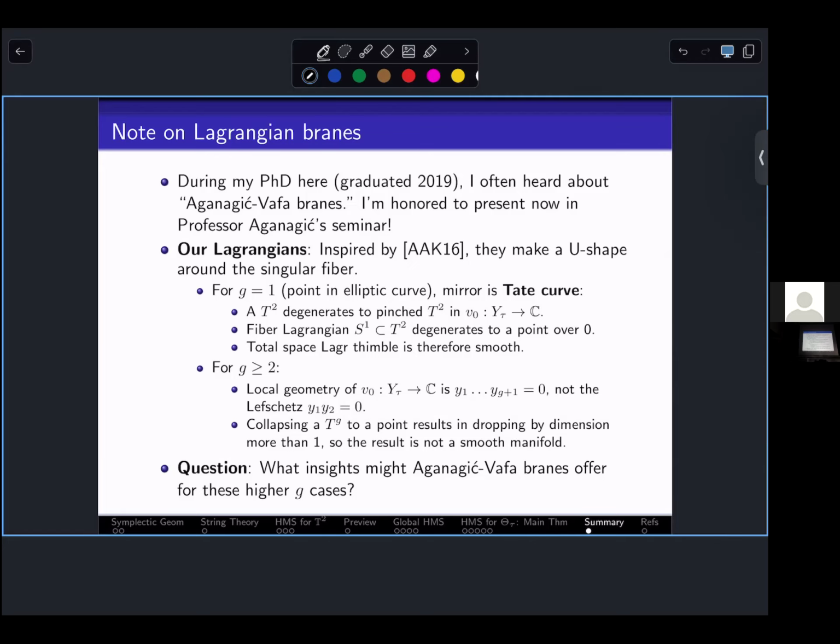If you just have Y1 times Y2 equals 0, your fiber over 0 is one cone and then the other cone. And the branes, I think you have 3 of them from the 3 being 0. So I'm interested in thinking about what if your Lagrangians do go right to the central fiber.